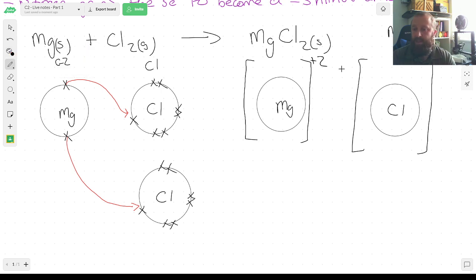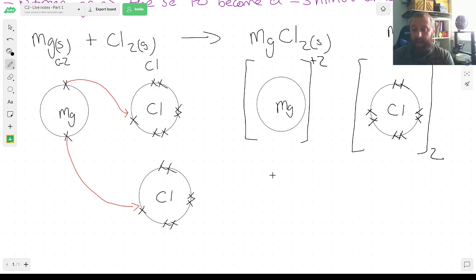So it's going to become positive 2. Each chlorine now has a full outer shell. And each one has a -1 charge. But there are 2 of them. So my final formula is MgCl2. So this should match up to the final charge up here.